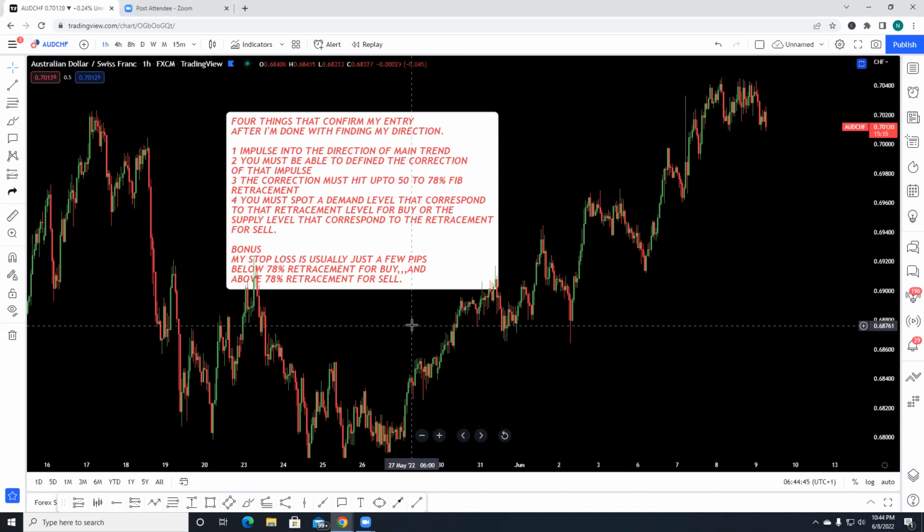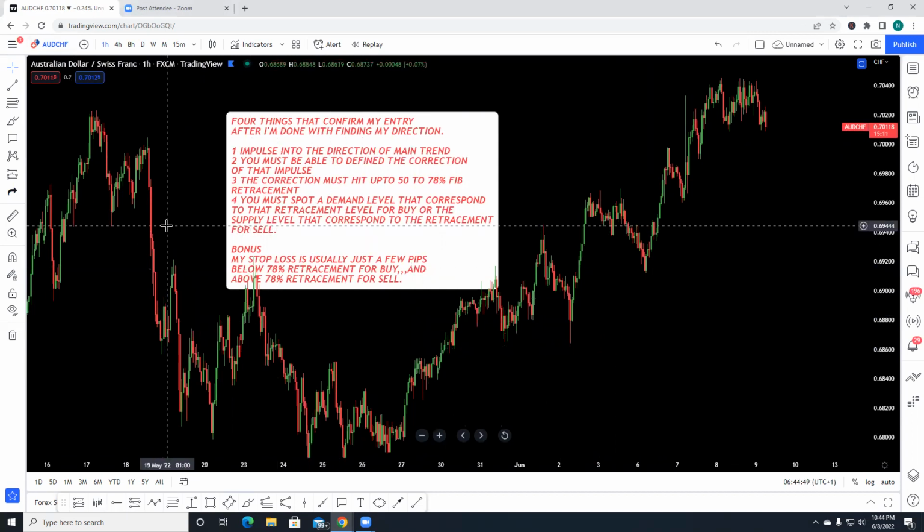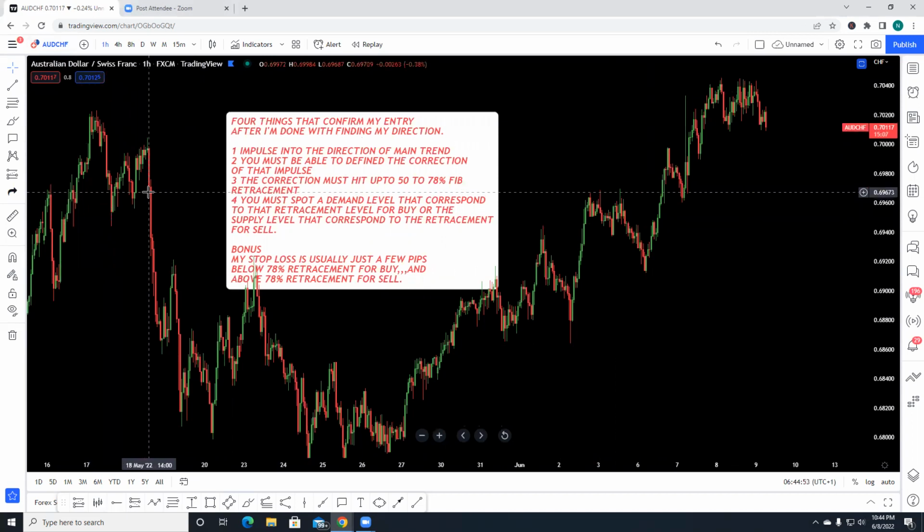What we're interested in is after you have found the state of the economy of Australia and Switzerland, getting their interest rate data, their inflation rate data, the GDP data, and of course, you want to pay particular attention, guys, to government deficit or surplus.